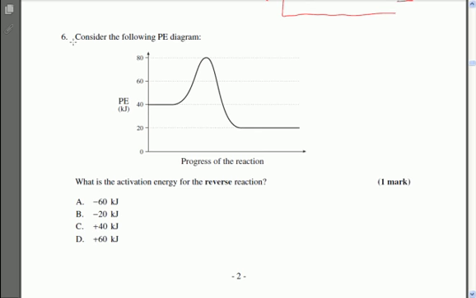Let's move on to question number 6. It says, consider the following potential energy diagram. And the question says, what is the activation energy for the reverse reaction? So the reverse reaction, again, is moving in this direction right here. If this distance right here is our activation energy of the reverse direction, this distance or this height is 20, 40, 60.